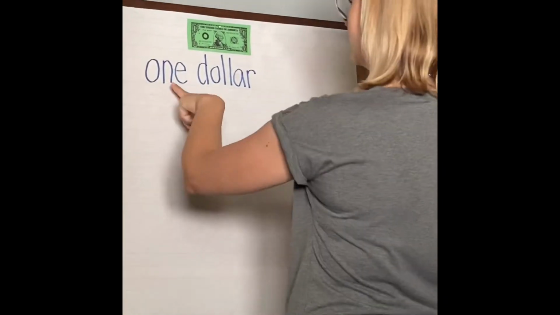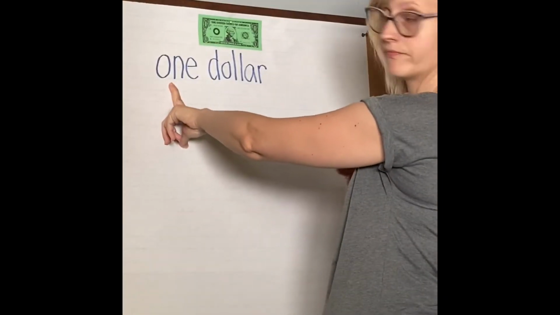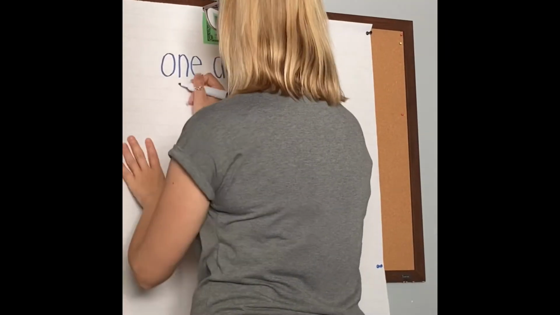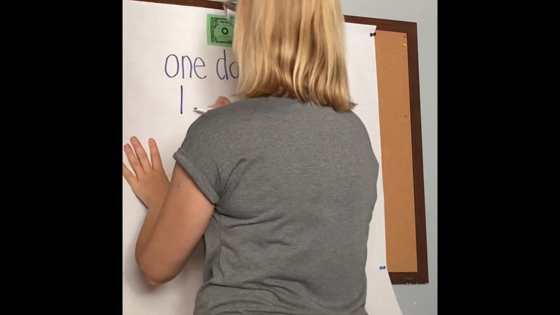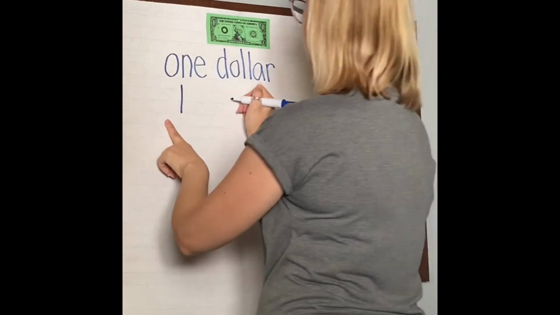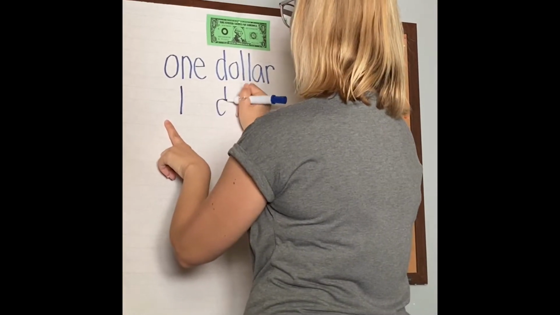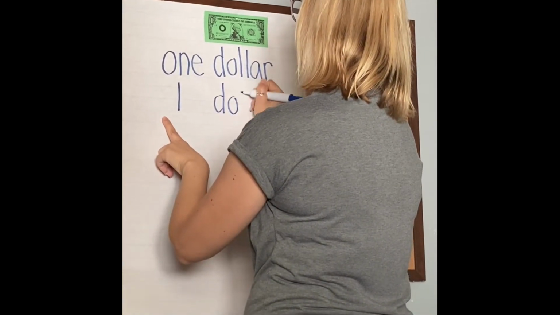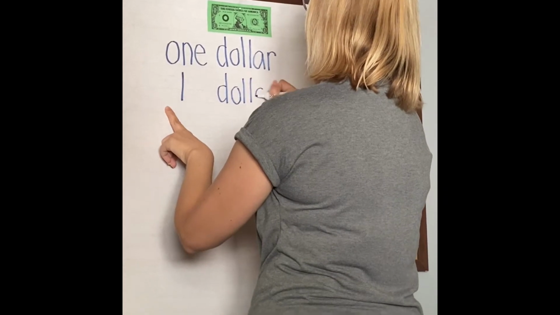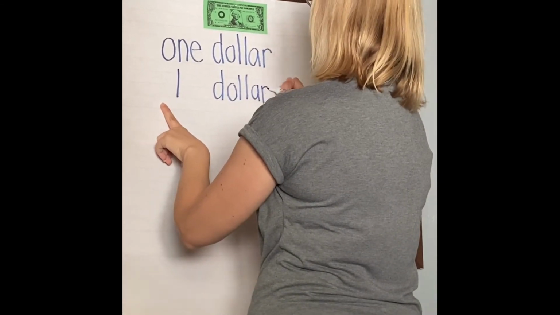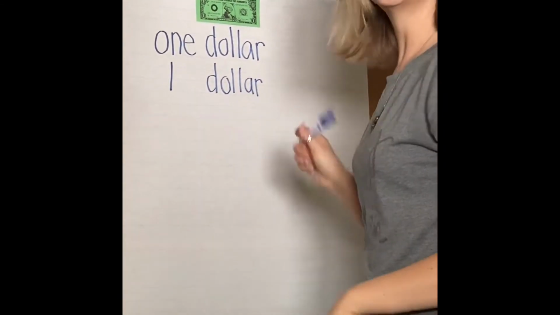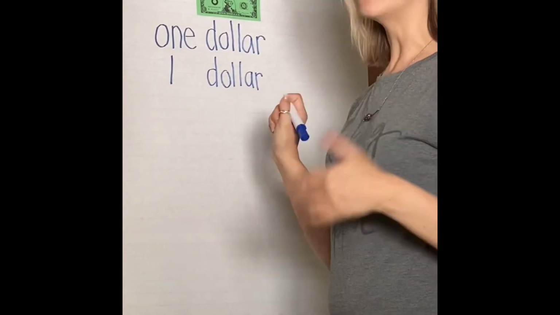I can write $1 with my word. I can also just write $1 with my 1, followed by dollar. If I would like to shorten it a little bit, I can definitely do that.